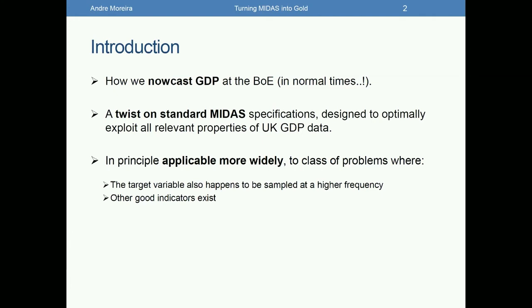As long as your problem is one where on the left-hand side you're targeting, say, a quarterly variable, but that same variable happens to also be sampled at, say, monthly frequency, so you want to exploit that. And you also have other indicators, say, in this example, business surveys of UK output. I'll tell you a bit more about the details in a second.